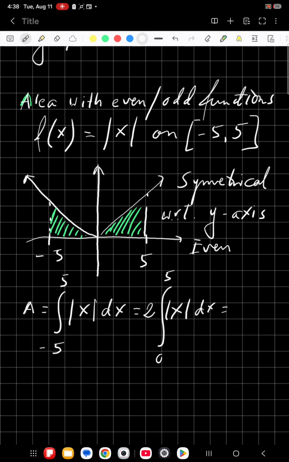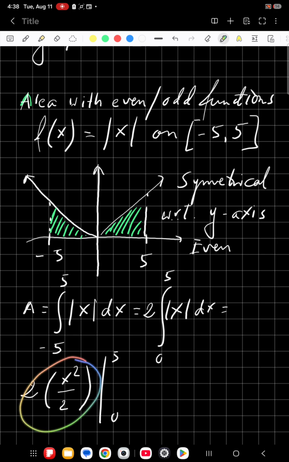Okay, so we get 2 times the integral of absolute value of x, which is x squared over 2, with boundaries 0 to 5. I think it's just easier to have that 0 here rather than -5, and then the arithmetic is just easier.